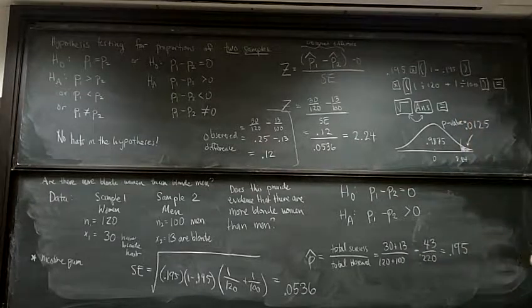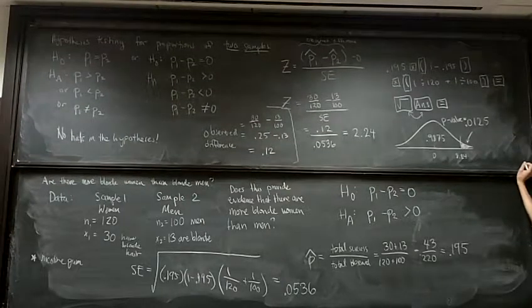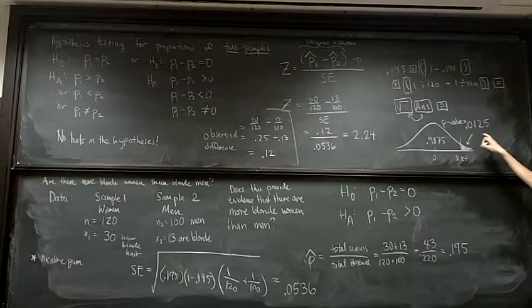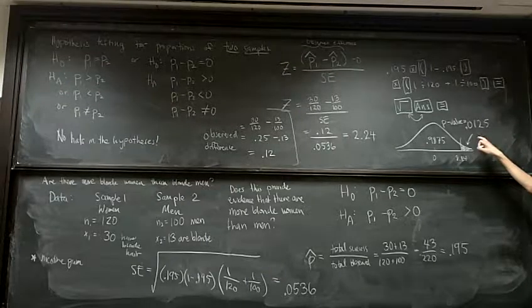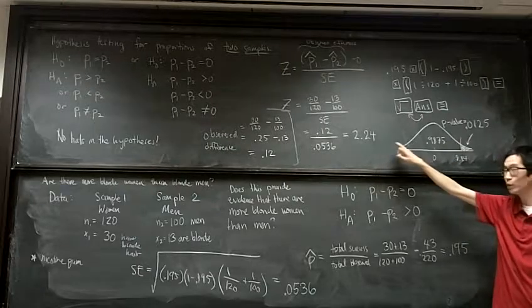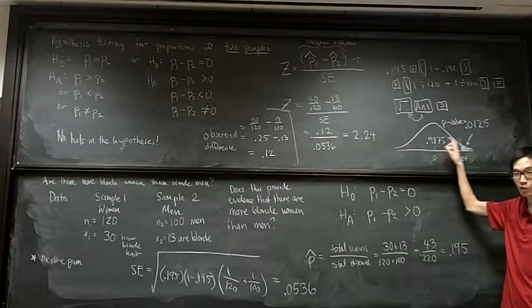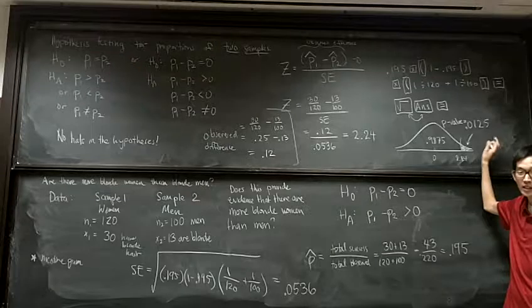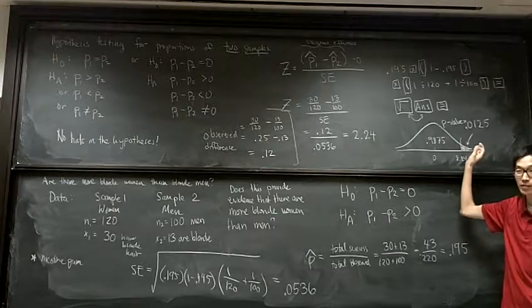My tail is 0.0125. That is my p-value. I just looked up 2.24 in the z table. I got 0.9875. I did 1 minus that to get my tail, and I get 0.0125.